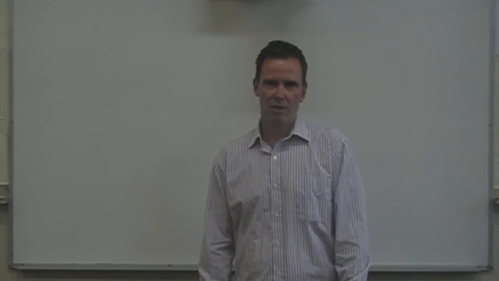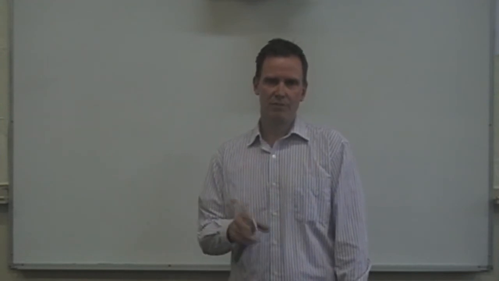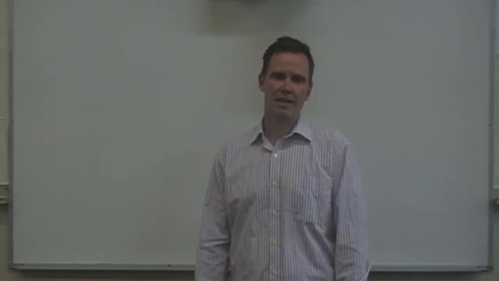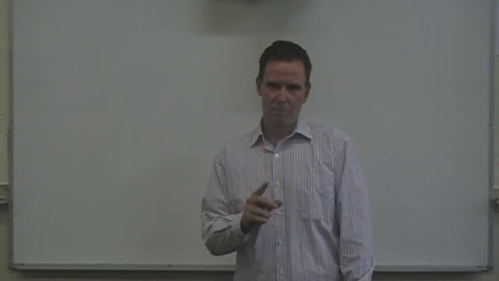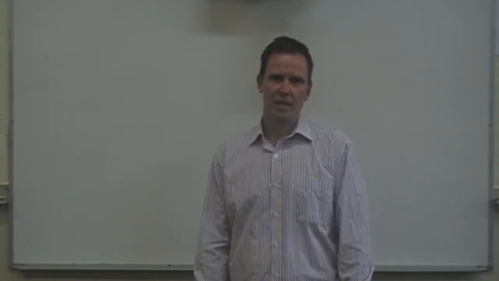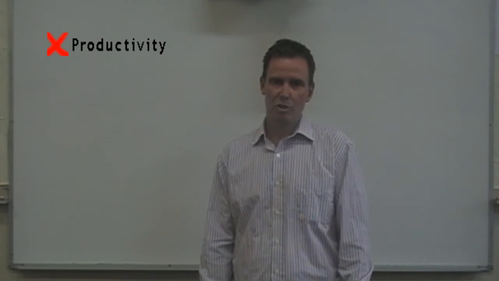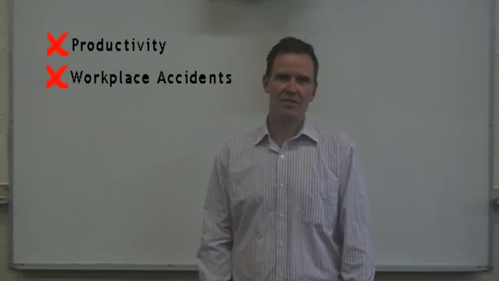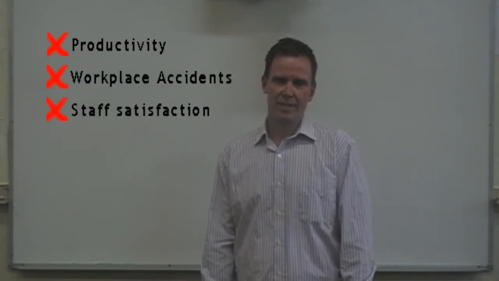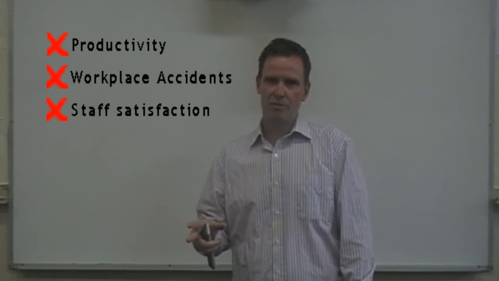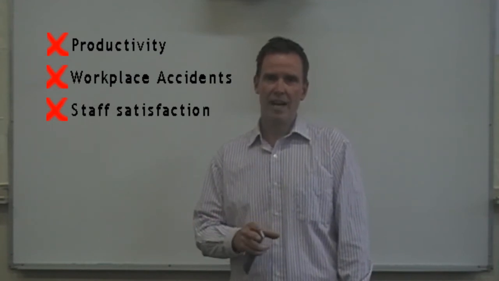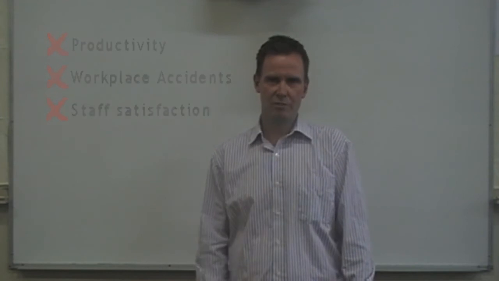Where students went wrong was they used performance indicators that weren't really directly related to quality. So performance indicators like productivity, number of workplace accidents, even staff satisfaction. Now these weren't really directly related to quality and quite hard to justify or explain your reasonings.